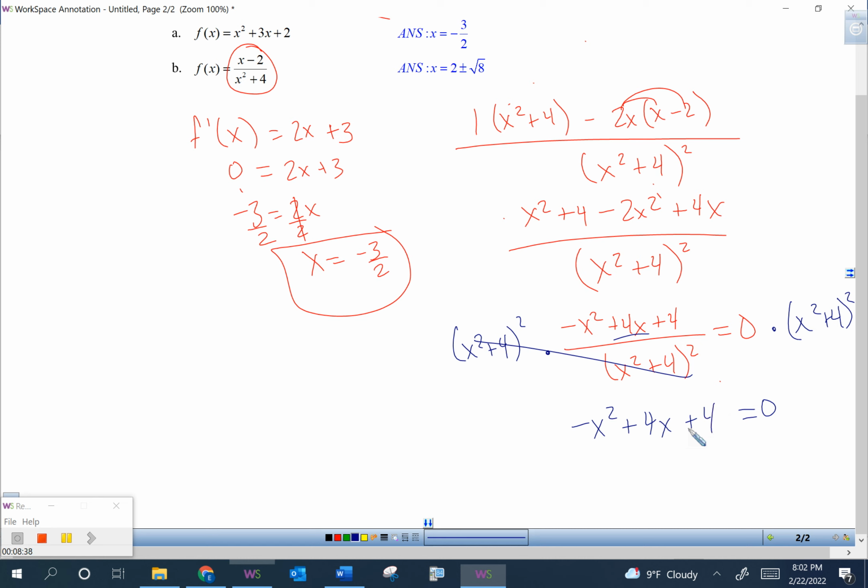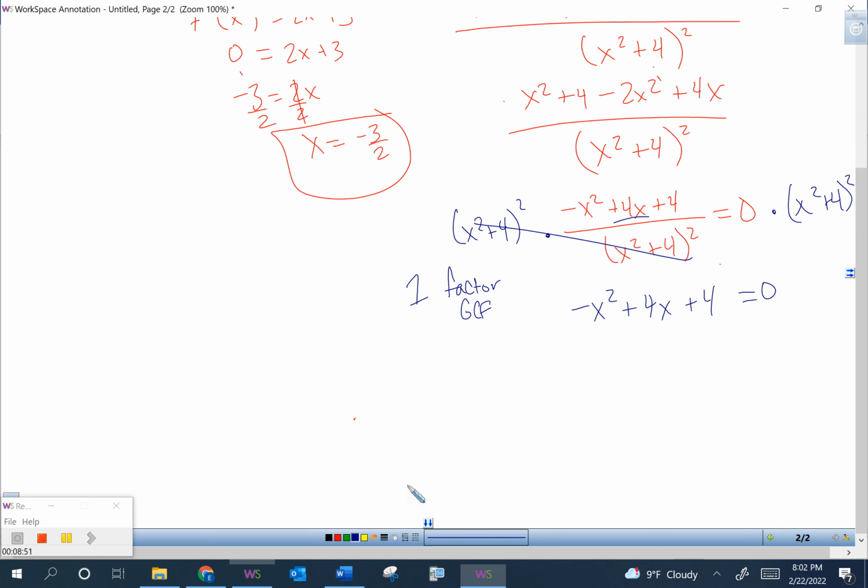So a couple things that you can do when you have a quadratic equation. One is you can try to factor. And I'm going to always have you look for a GCF if you can, regardless of the method you want to use to solve. And then the other methods you can use to solve are quadratic formula or this thing called completing the square. And if you've never heard of that, don't even worry about it.